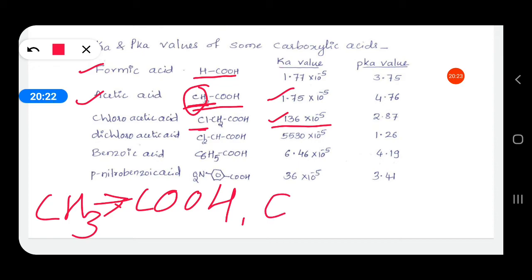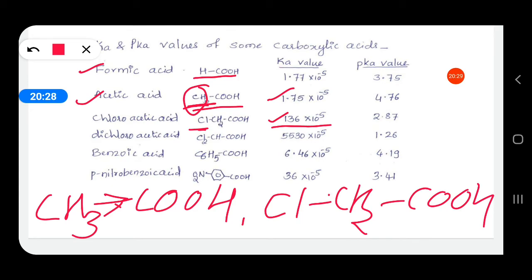But in chloroacetic acid, CH2ClCOOH, the chloro group is an electron withdrawing group. It withdraws electrons from the adjacent carbon. So this carbon withdraws electrons from the carboxylate group, so that the carbon can easily distribute the negative charge which is formed on the oxygen.